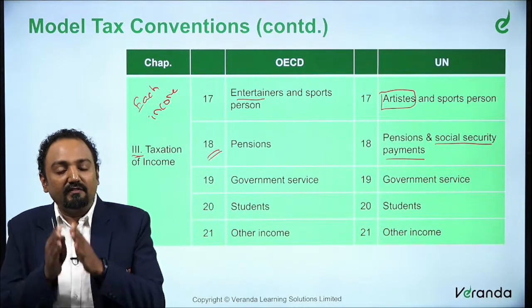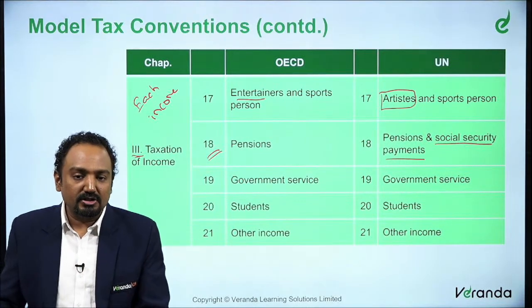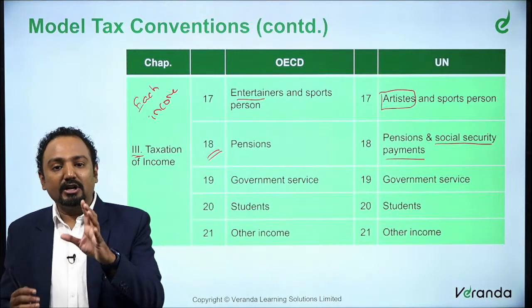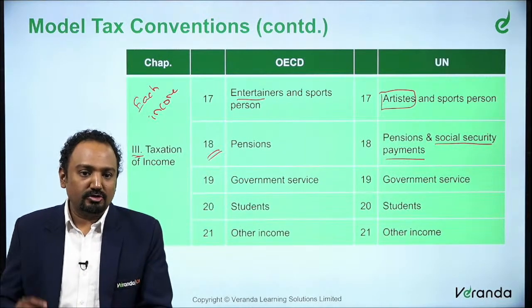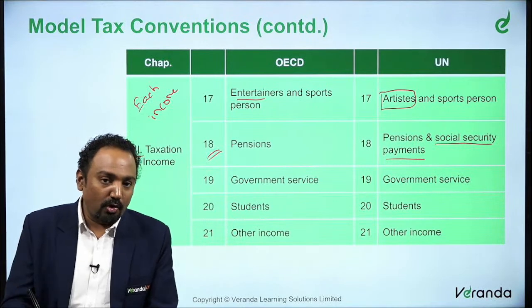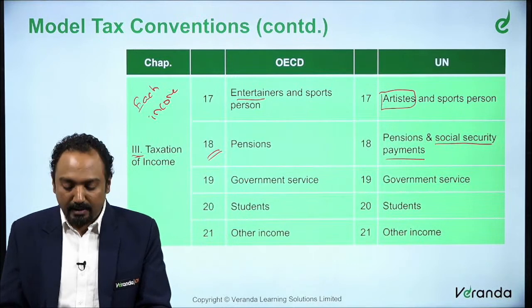Anything that can be classified as social security will fall under the United Nations article. So it is any additional fund that covers an individual. That is all covered under social security payments, whereas in the OECD, it is only pension.